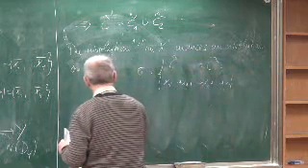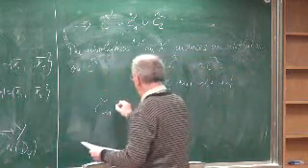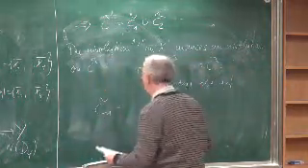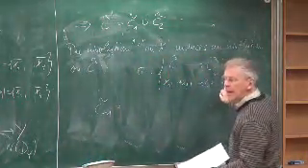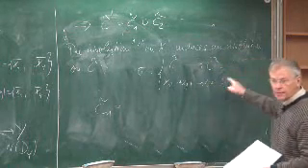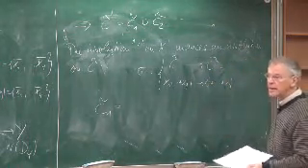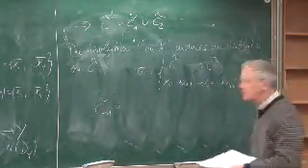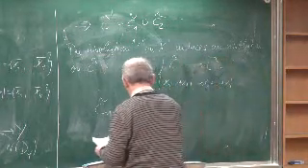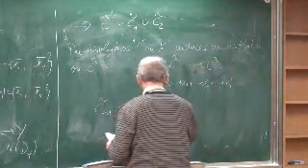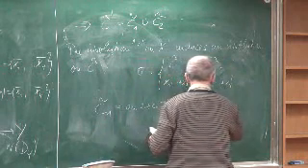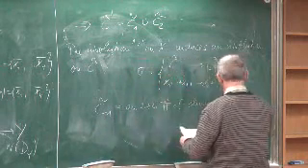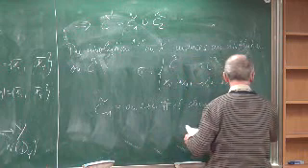Then C1 tilde is just those points with an even number of changes, and the other is with an odd number of changes. Okay? So an even number of changes, xi goes into xi prime.